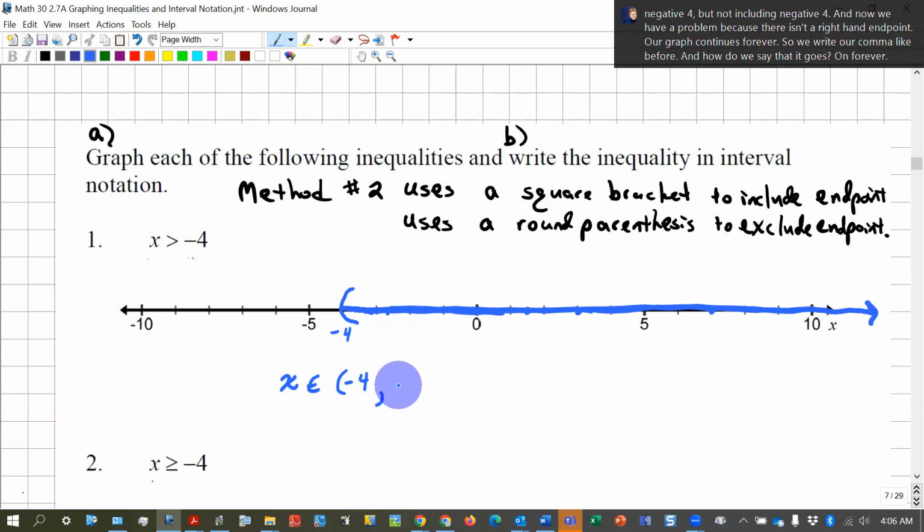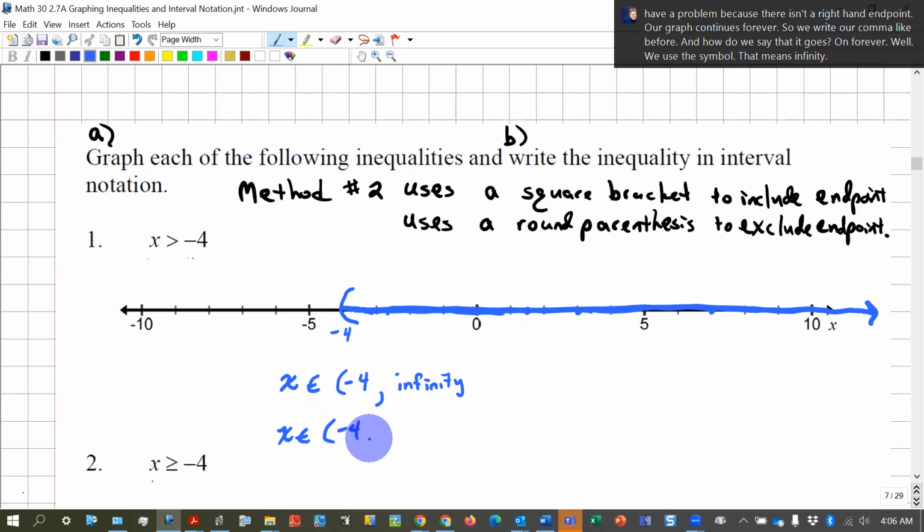Well, we use the symbol that means infinity, which isn't a number, but it's an idea. And the symbol for infinity is a sideways 8.